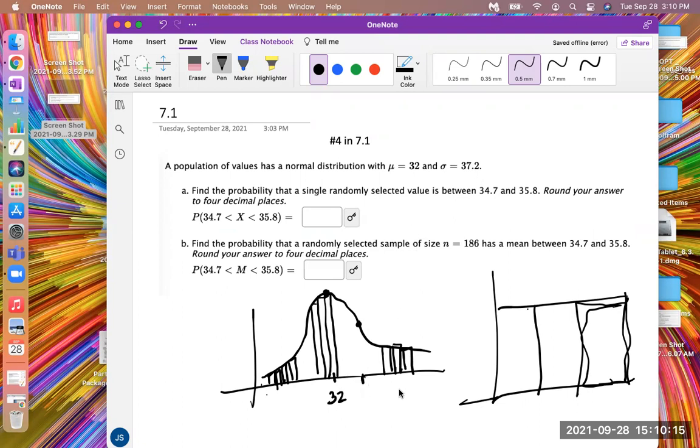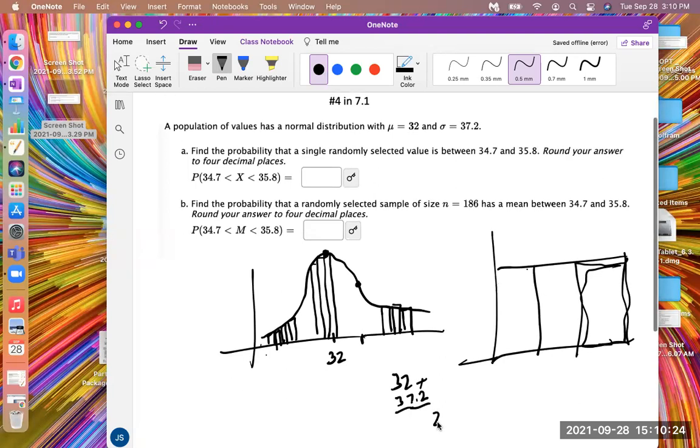So what is 32 plus 37.2? It's 69.2. So this inflection point, where it's halfway down the hill, is 69.2.